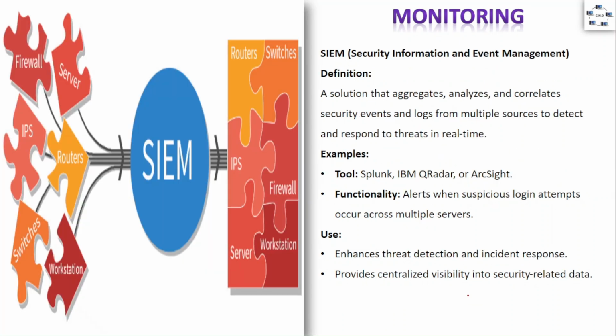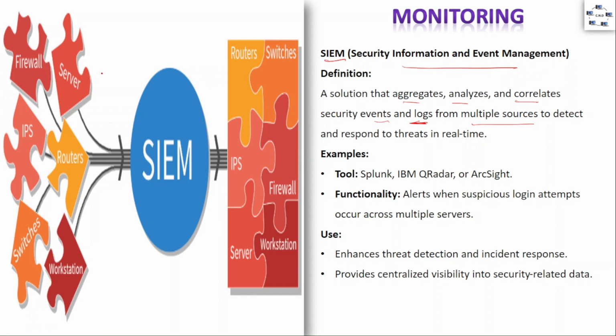So in monitoring, we have specific tools and systems such as SIEM, which is Security Information and Event Management. It is a solution that aggregates, analyzes, and correlates security events and logs from multiple sources to detect and respond to threats in real time.